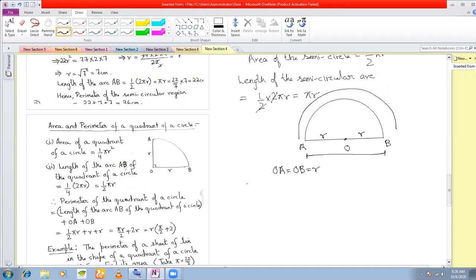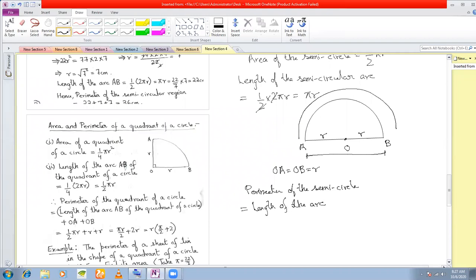So the perimeter of the semicircle is equal to the length of the arc AB. Here we don't say circumference.